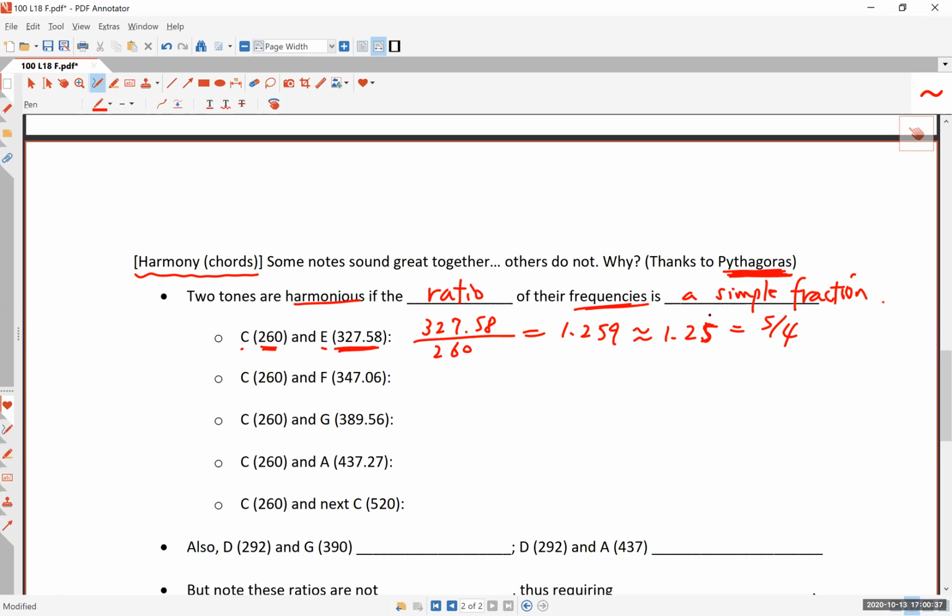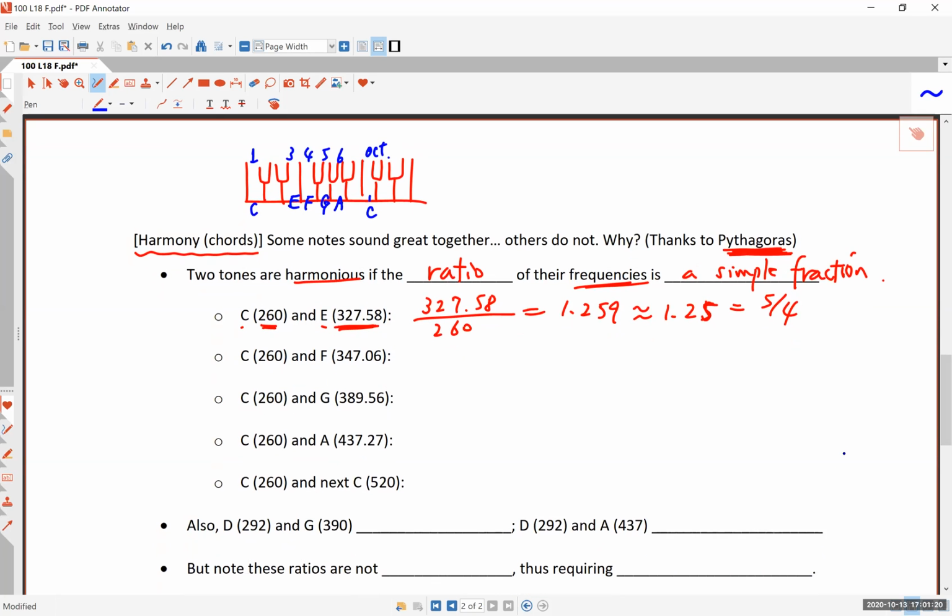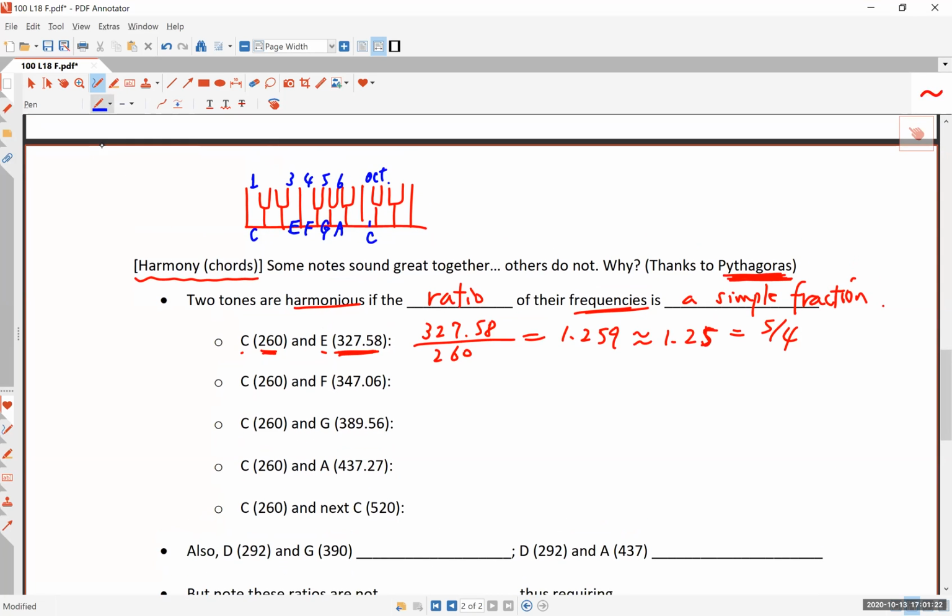We have a name for this. Let me sketch this really quickly. C is our base here, the first note in the C scale. And what we have just done is compare the frequency of E and C. The ratio between the frequency of E and the frequency of C happens to be close to 1.25, which is a simple fraction, 5/4.